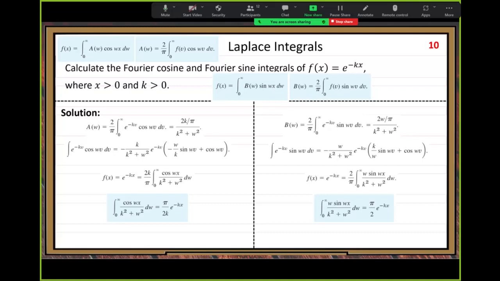We know it's non-trivial. If you ask people to calculate them, it takes a lot of time. So that means the results are at least interesting. These two integrals we call Laplace integrals.